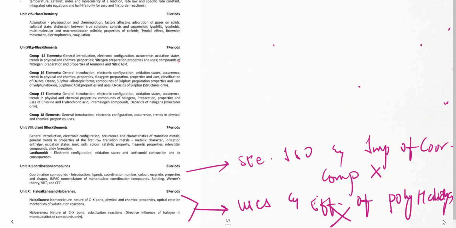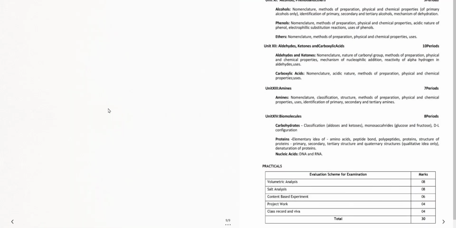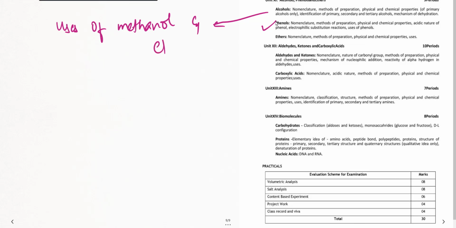The next topic is the alcohols chapter. In alcohols and phenols, everything is there, except uses of methanol and ethanol. Both are not there this year.